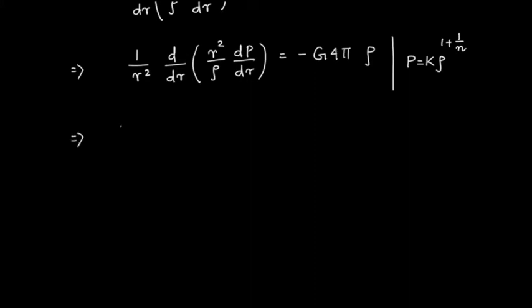So if I do that, then this becomes 1 by r square d/dr of r square by rho dP/dr, which will be K times 1 plus 1 by n, which is n plus 1 by n.